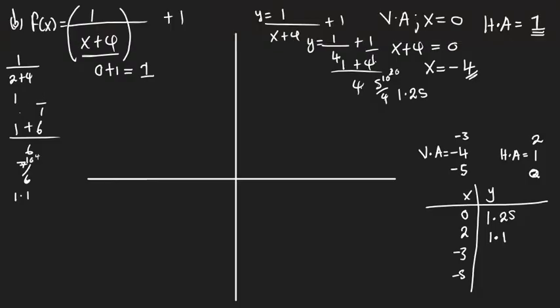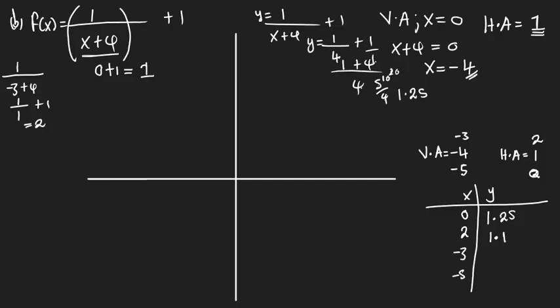Then you get to the -3s, to the negative figures. If you put -3, you say -3 plus 4. You're going to get 1 over 1 there, which is 1, plus 1 is going to give a 2.